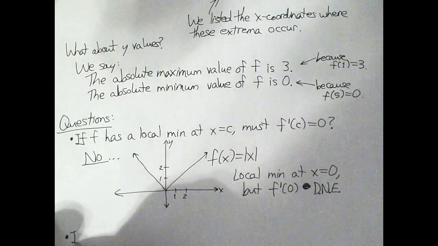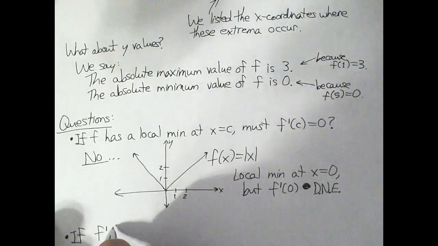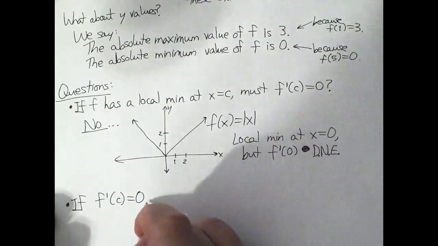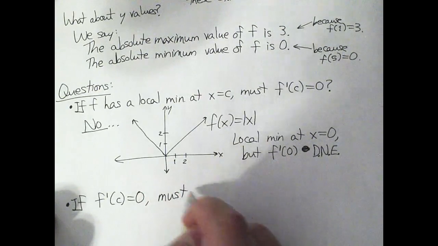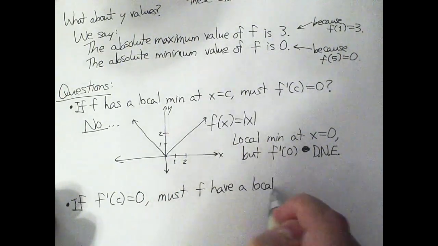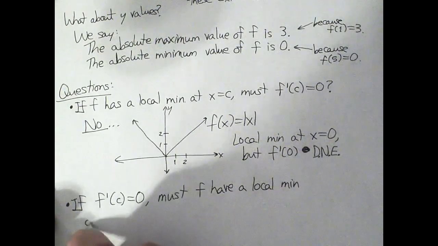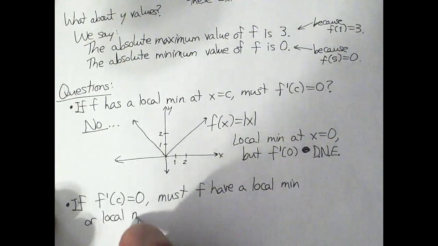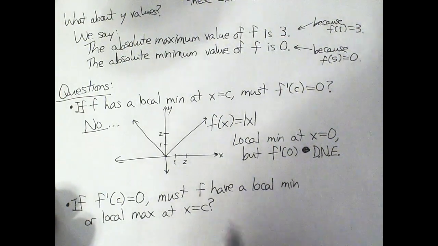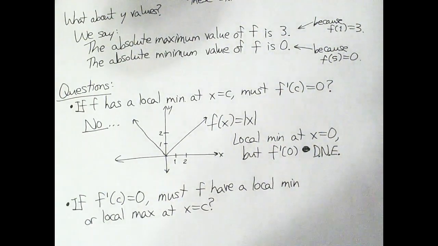Another question for us to think about is the other way around. If f prime of c equals 0, must f have a local min or local max at x equals c? So this time I'm asking the question the other way around. What if we know that f prime is 0 somewhere?